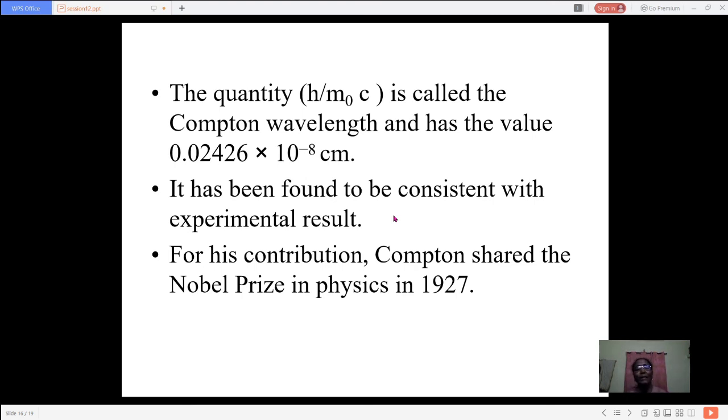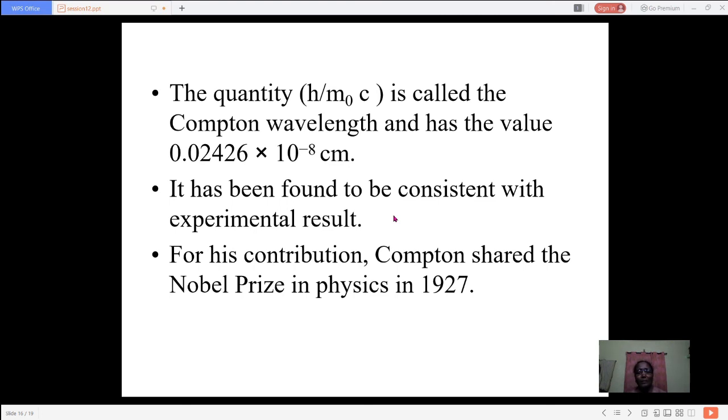Thus Compton explained the observed results just by taking the idea of the particle nature of the incident radiation and the quantum of energy, which is very important and has discrete values.